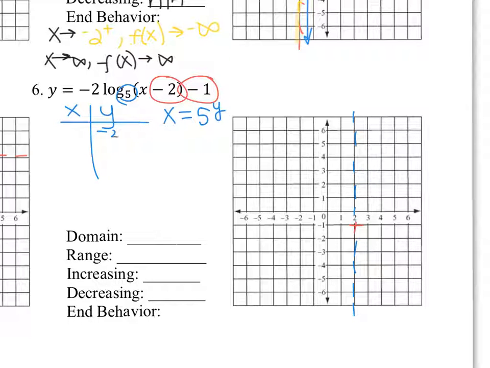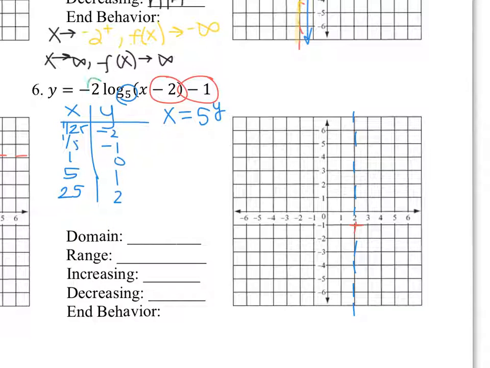So I pick my y values and plug in my y values to get my x values. When I plug in 0, x is 1. When I plug in 1, x is 5. 2, x is 25, and then 1/5 and 1/25.